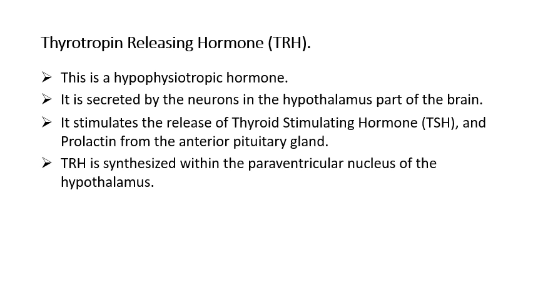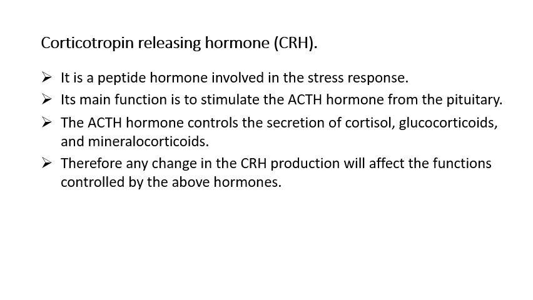So TRH stimulates the pituitary gland, and the pituitary gland in turn secretes TSH. So like this, the secretion of TSH is controlled by TRH. TRH is synthesized within the PVN, paraventricular nucleus of the hypothalamus part of the brain.